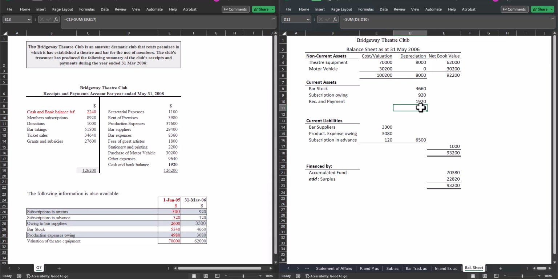Then you list your current liabilities. Your bar suppliers, which would be the same as your accounts payable or your creditors. The closing balance, 3,300. Production expenses owing. As I mentioned earlier, any expense owing is recorded as a liability. And any subscription received in advance from members, meaning they paid us now for a period that is yet to come, it means technically we are owing those persons.